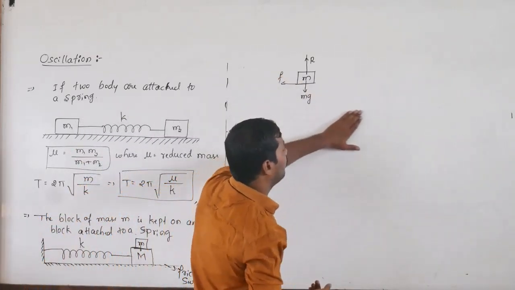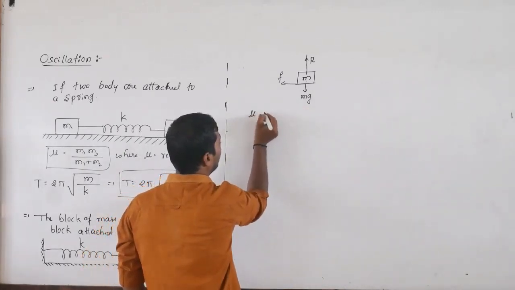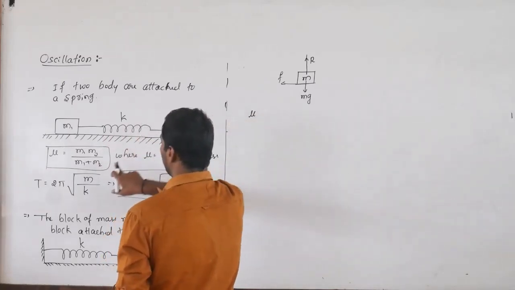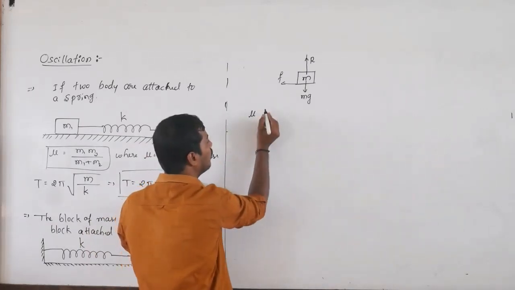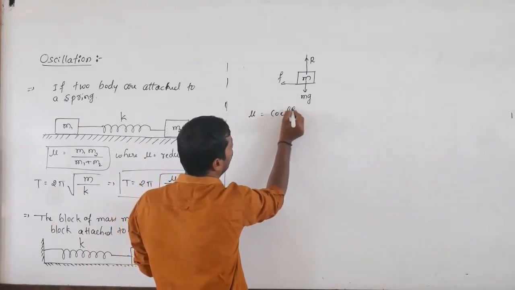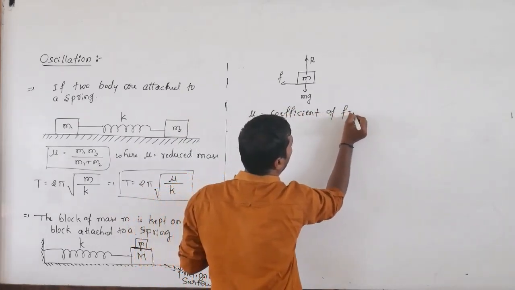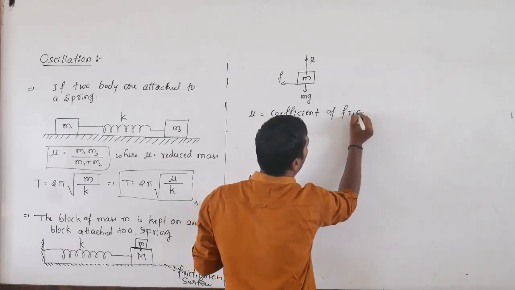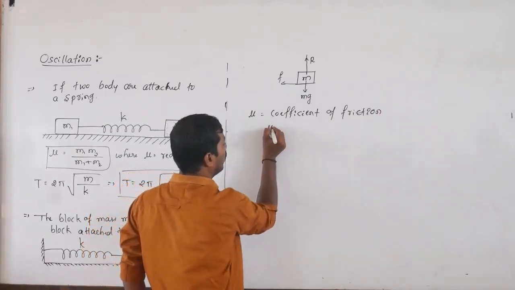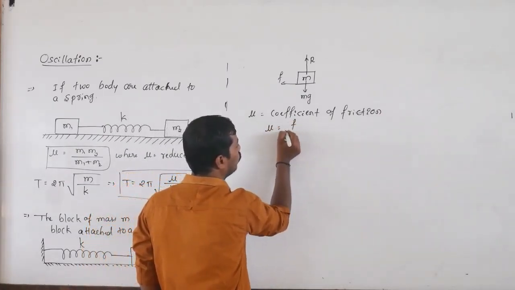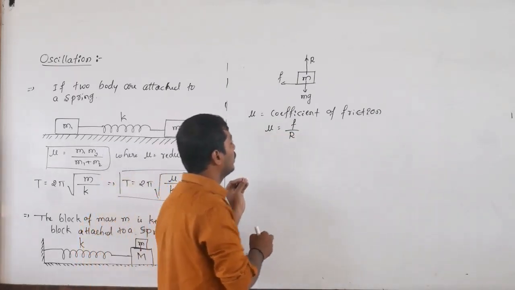According to the definition of the coefficient of friction, mu, not this mu which is the reduced mass, the coefficient of friction is the frictional force to the normal reaction.